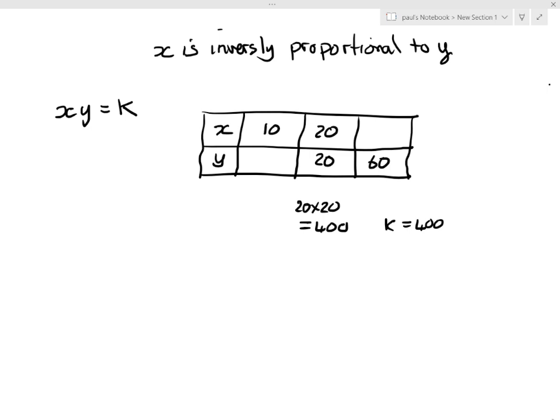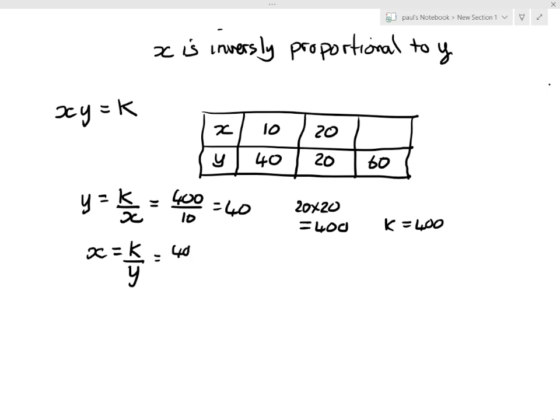This one we have to find y, and we're going to use y equals k divided by x, which equals 400 divided by 10, which equals 40. So we can stick that in there. This time we've got to find x, so x equals k divided by y.